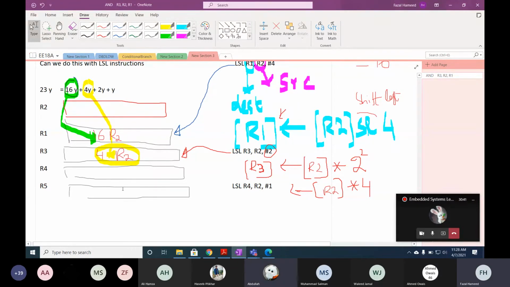Now if you look at this instruction, after its execution, what will be the contents of R4?